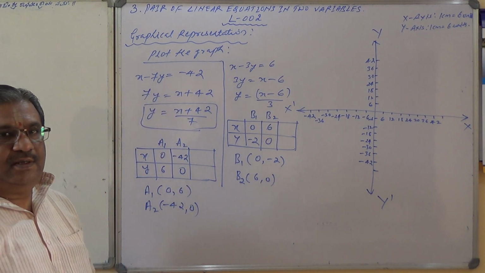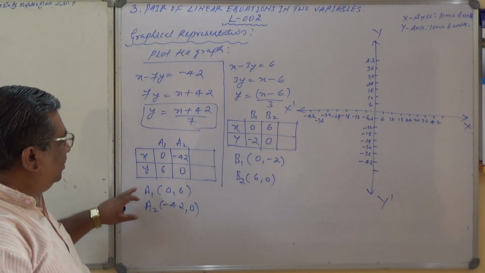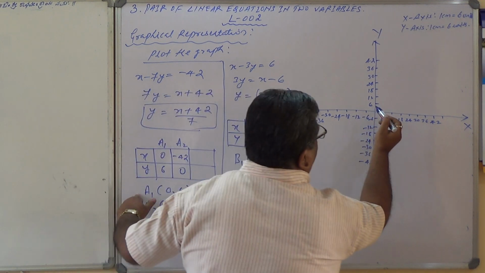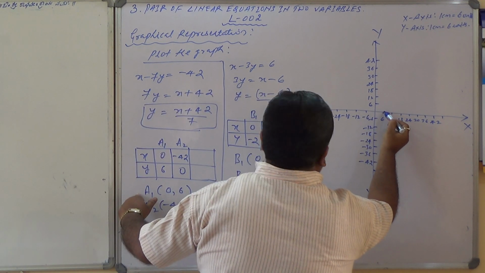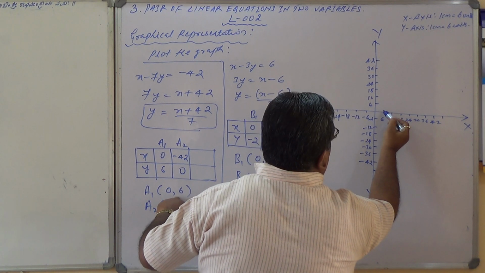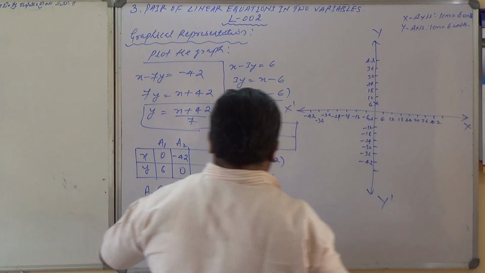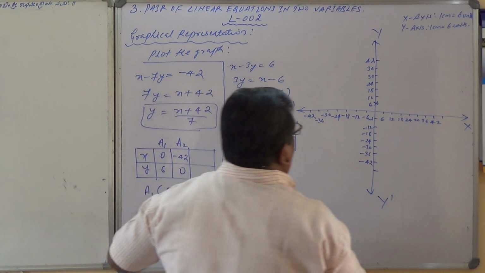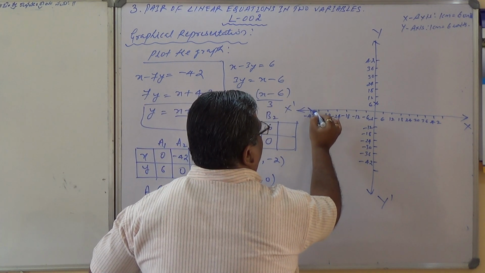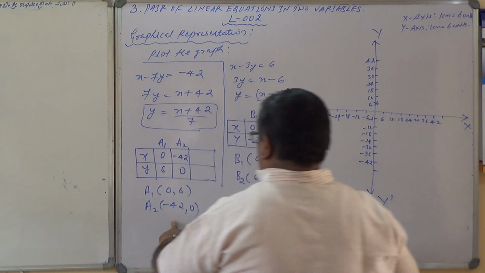Let me plot this on the graph. 0, 6 is this one. 0 is the x coordinate and y is this one. Minus 42 comma 0, minus 42 on the x axis is this one.